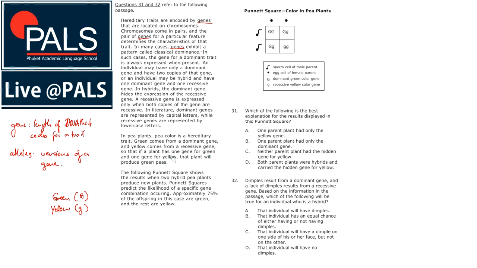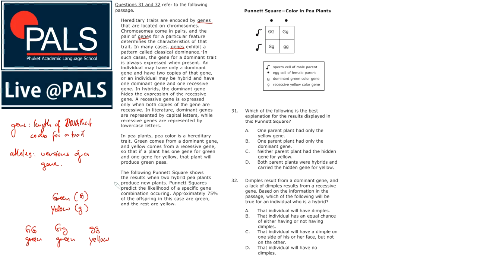So if a plant has one gene for green and one gene for yellow, that plant will produce green peas. So we were told that if we have two dominant alleles, the plant will be green. If we have a hybrid, then it will be green too. The dominant allele masks the effect, overrides the effect of the recessive allele, and only if we have the combination of two small g's, then the peas will be yellow.